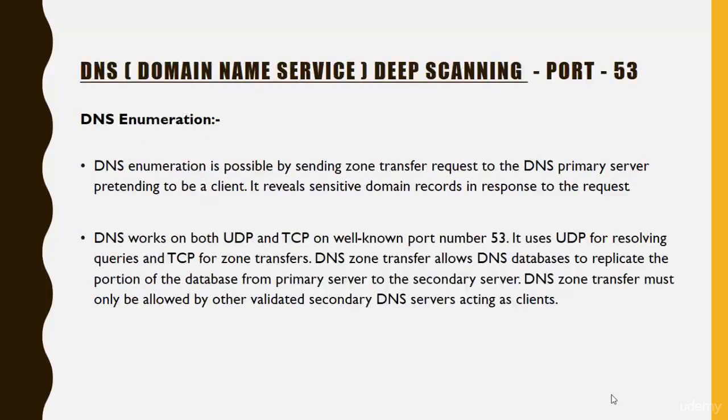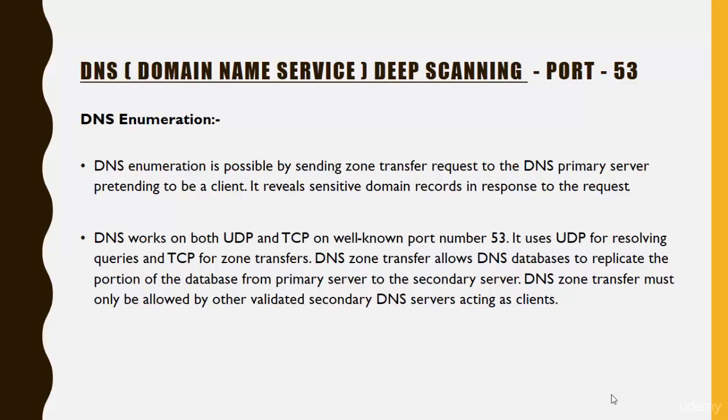DNS enumeration or DNS deep scanning is possible by sending a zone transfer request to the primary DNS server, pretending to be a client. DNS works on both UDP and TCP, on port number 53. It uses UDP for resolving queries and TCP for zone transfer.